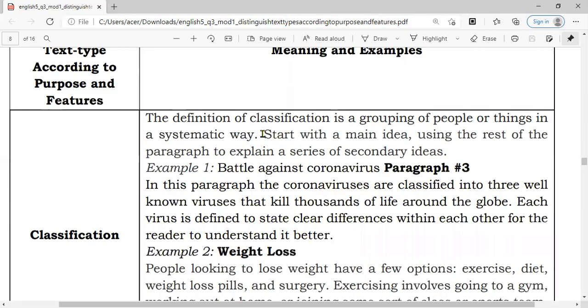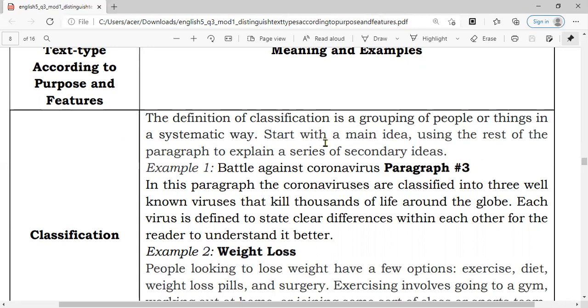So, classification is the grouping of people or things in a systematic way. Which of the people or things go together, and which group of people or things go together in another group, because of certain characteristics or similarities.